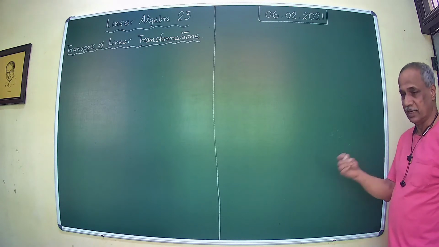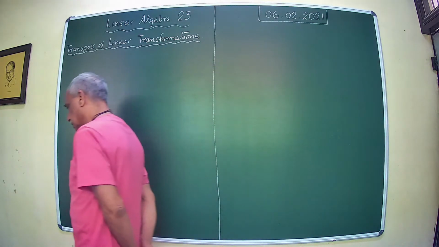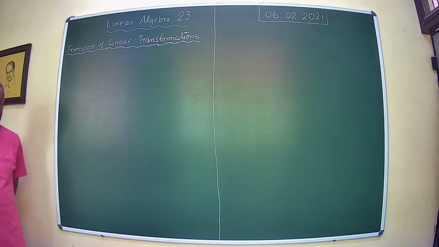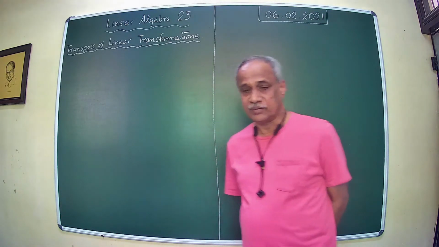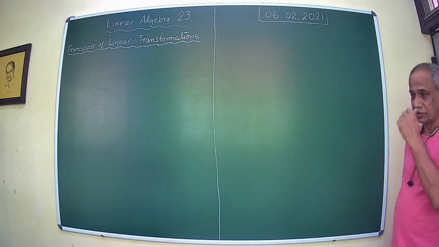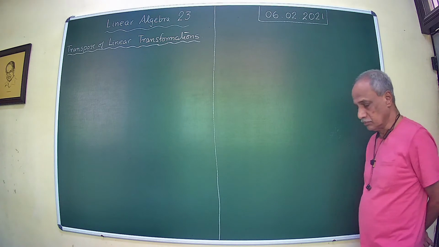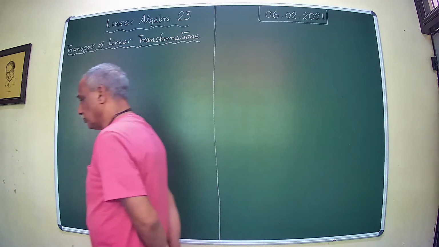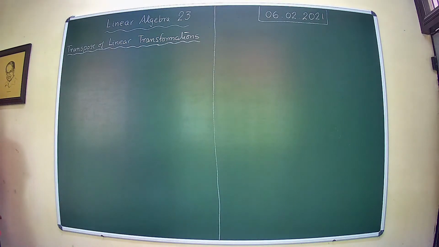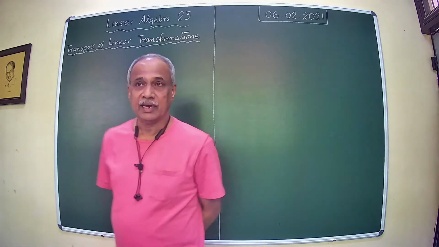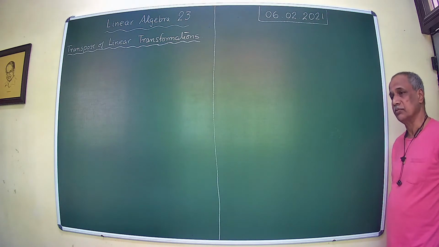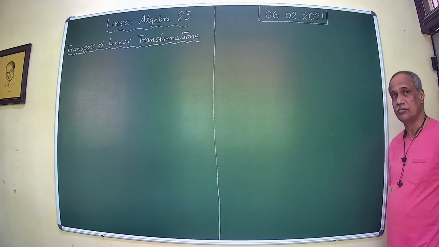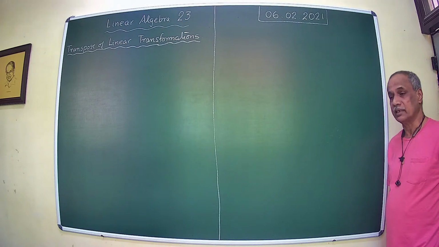I mean, this was a very important result. Of course, one should realize that we start with certain ordered bases for the domain space and the range space, and then for the dual spaces we take the dual basis, and it is with respect to the dual basis that we are writing down the matrix representation for the transpose transformation of T, and then they are connected through this relation.